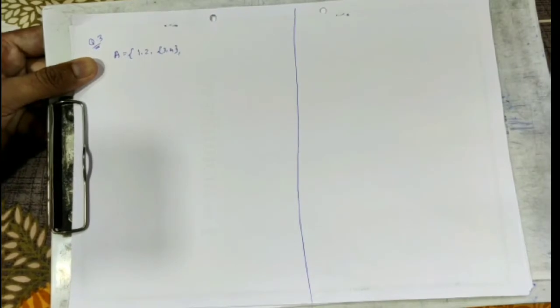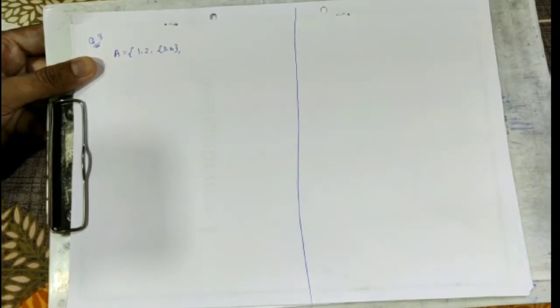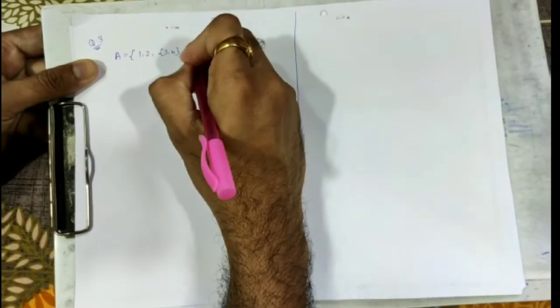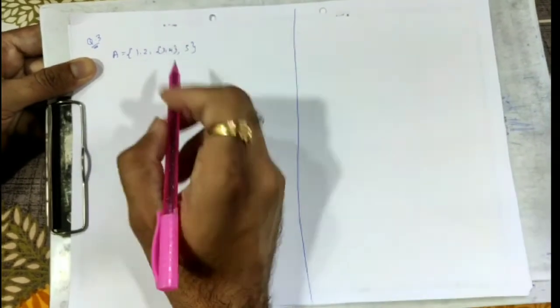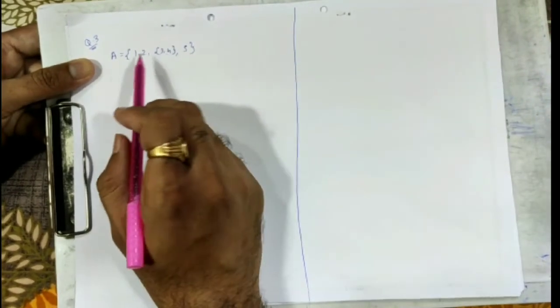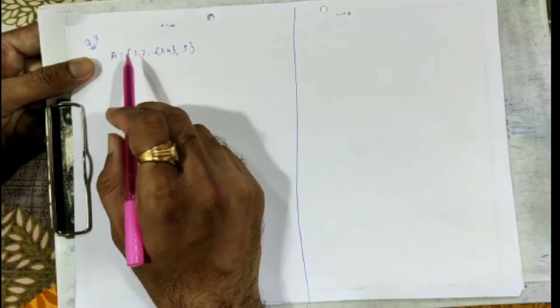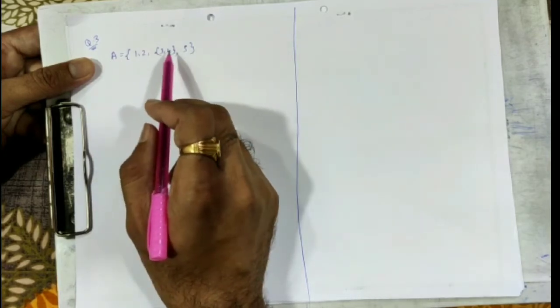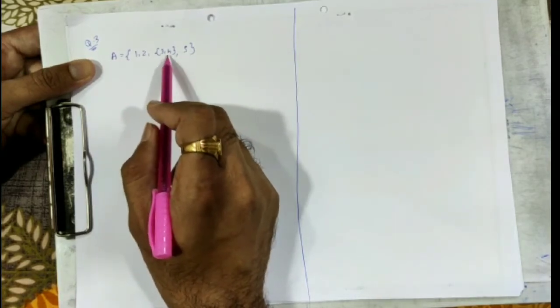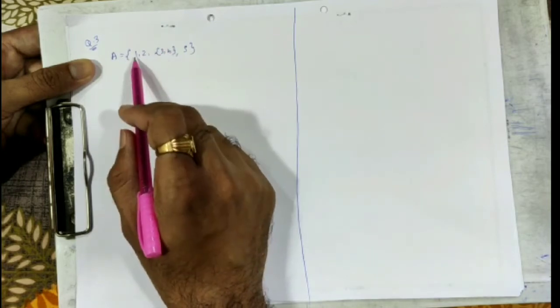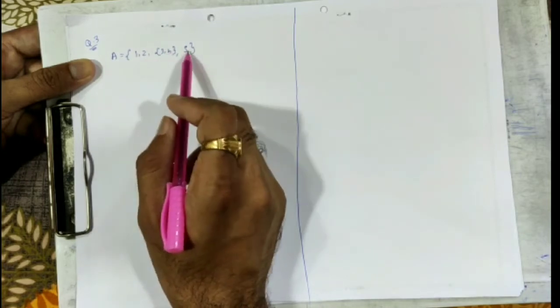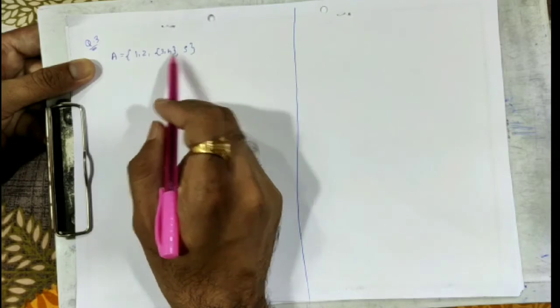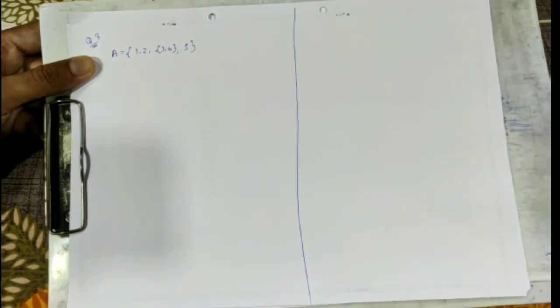That means set of number 3 and 4 is the element of set A and 5, है ना? इसमें आपको अच्छी तरह से देखना है. The elements of set A are not 1, 2, number 3 and 4, है ना? This one is one set which is the element of set A. So elements are 1, 2, set 3, 4 and 5. So total 1, 2, 3 and 4 elements are there in set A.